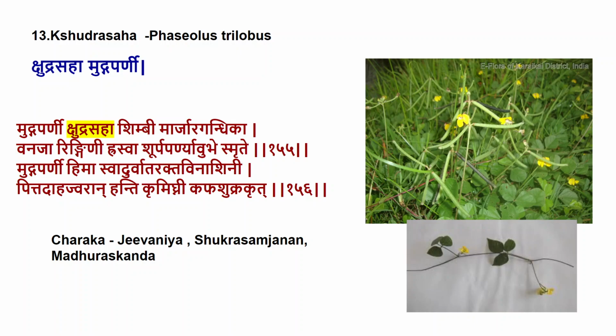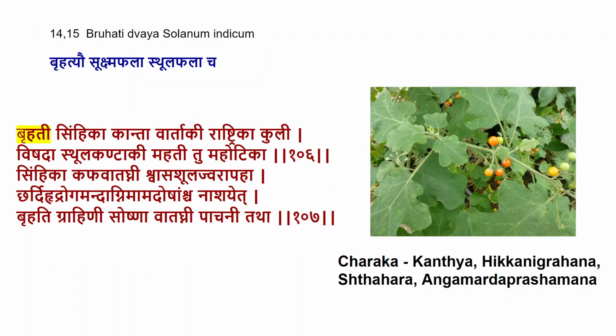Now, the guna of Mudgaparni: Mudgaparni Hima, Swaduhu, Vatarakta Vilashni, Pitta Daha Jwaran Hanti, Krimigni, Kapha Shukra Krit. It enhances the Shukra as well as Kapha, and is mainly used in Vatarakta Vyadhi, and in Pitta, Daha, Jwara. Then Charaka has added it in Jivaniya Gana, Shukra Sanjanana Gana, and Madhura Skanda.